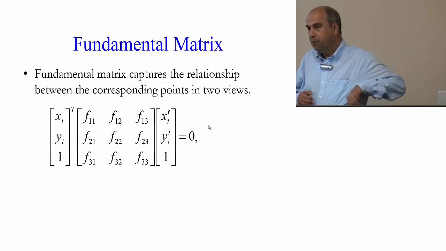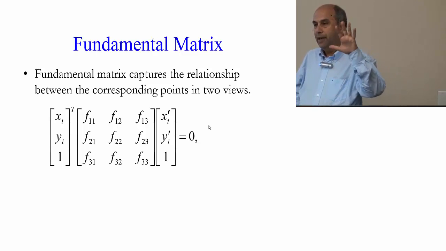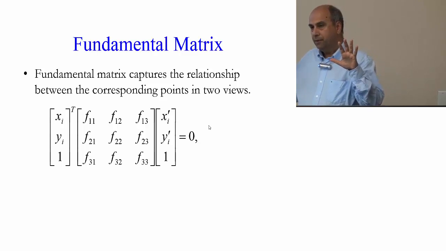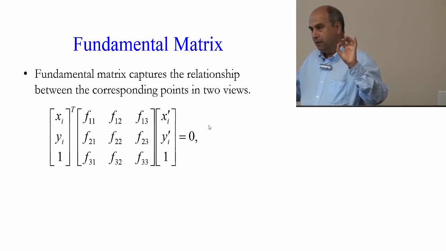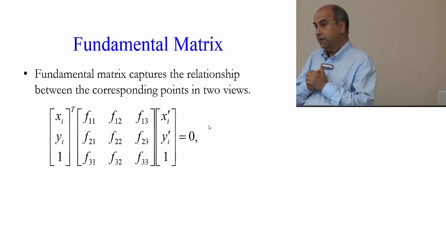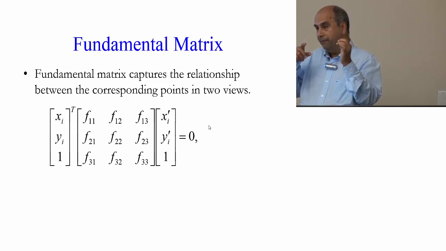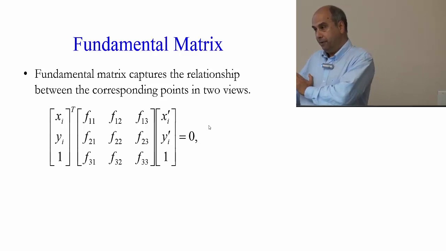The way we are going to compute it is that we take the left image and the right image, and find points, for example SIFT points, and find the corresponding points. This point corresponds to this one, and this point corresponds to that one. Those points have to satisfy the fundamental matrix constraint: the point here multiplied by F and the point there has to be 0.